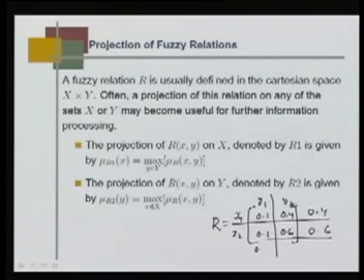So, this is 0.5 and this is 0.6. This is called x projection and y projection of a relational matrix R.